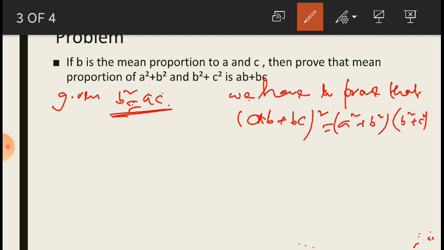Okay, we have to prove this. Now we consider again the right hand side.